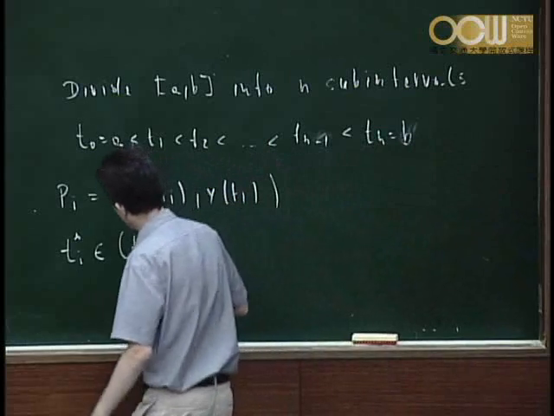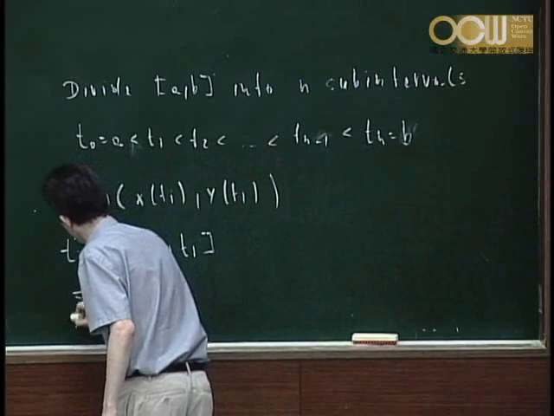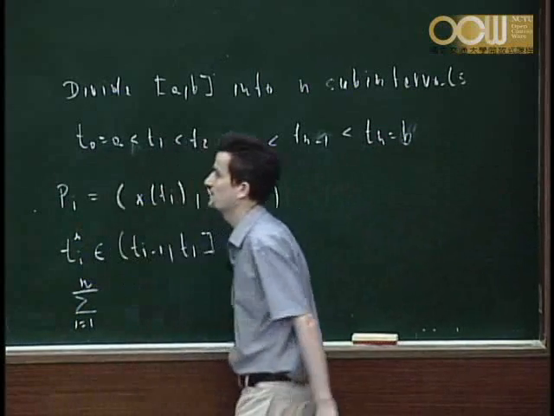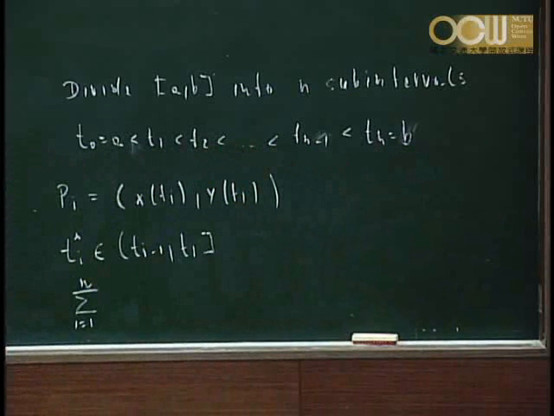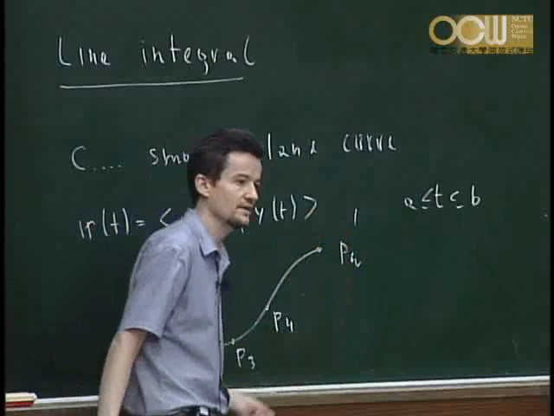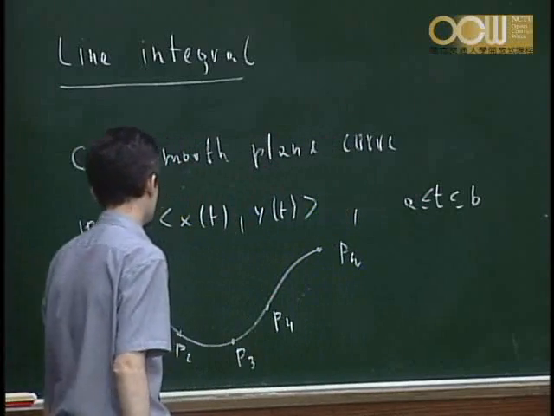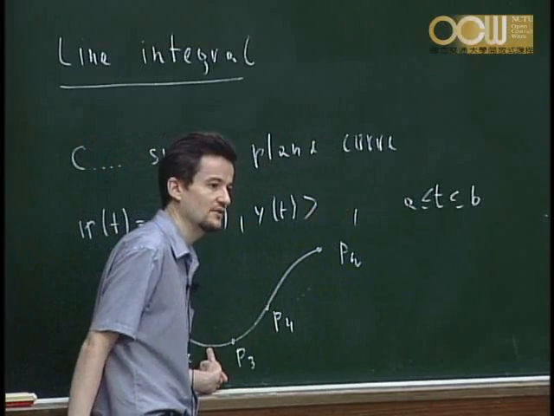And then the following sum, the sum i from 1 to n. So we have given a function of two variables, and the function is defined on C, okay? And so for every point you have a function value.